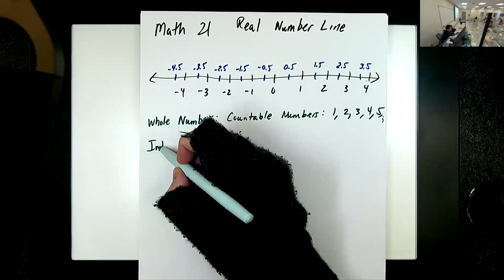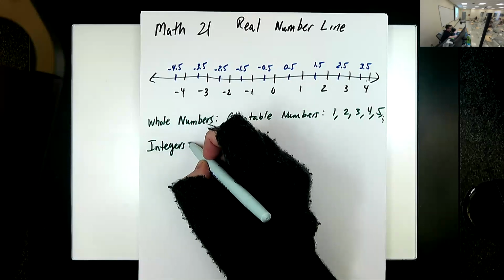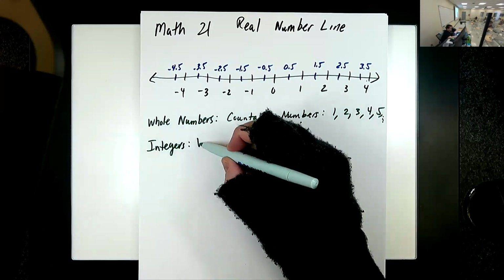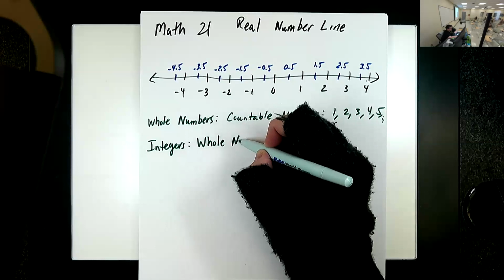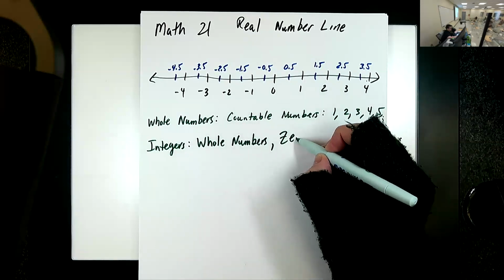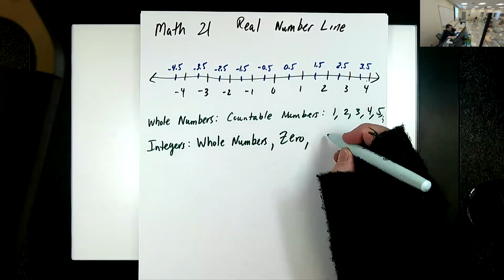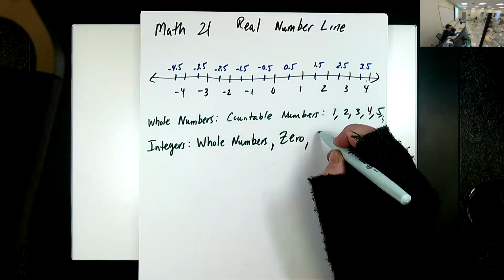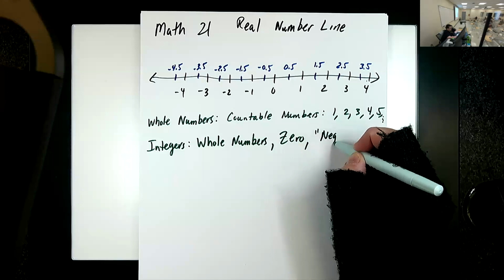Integers, I don't know if they mentioned this, but I thought I better point it out. Integers are your whole numbers, 0, and effectively your, I'm gonna put this in quotes, negative whole numbers.